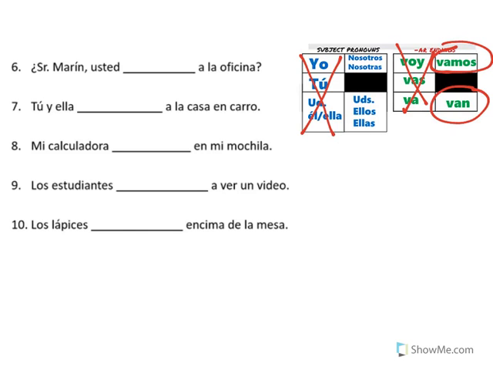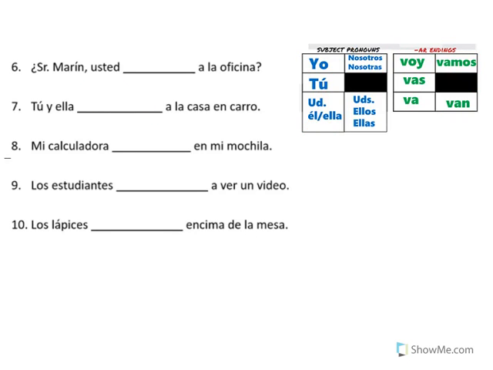Remember, the only way it's going to be the vamos is if it's we. Does it say y yo and I? No, doesn't say y yo. So it cannot be the nosotros form. So it's van. Y'all go.